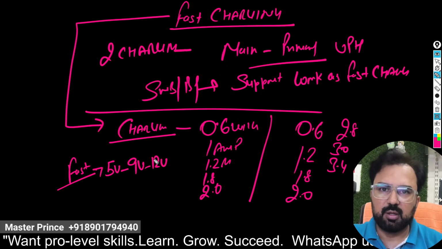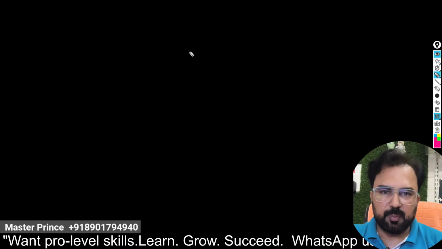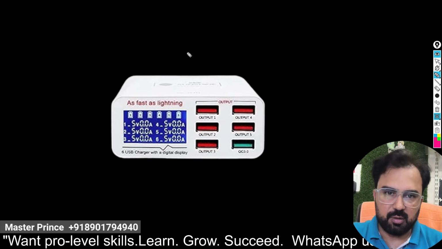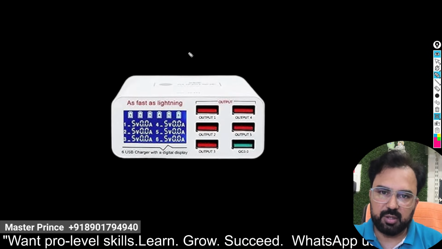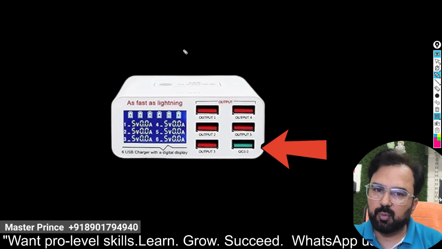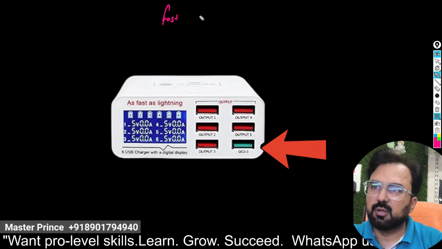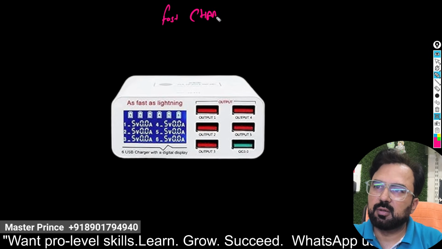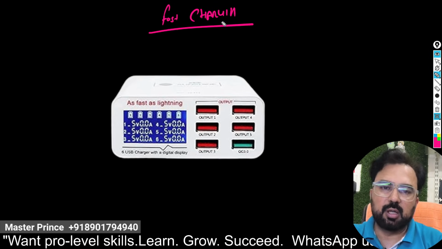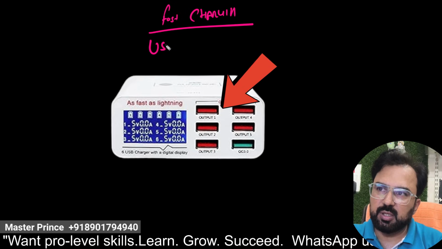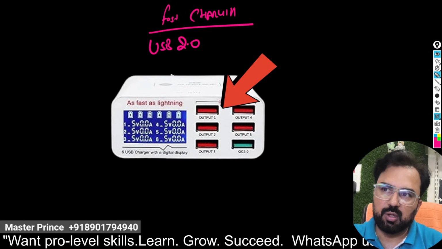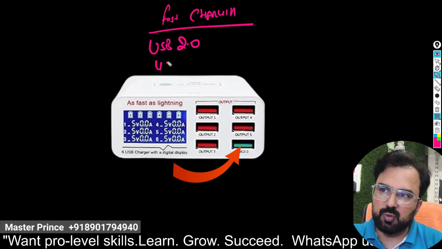For example, a USB ampere meter, which all technicians have. In this meter there are multiple charging ports. One port supports fast charging. The other port is called USB 2.0, and the fast charging port is called USB 3.0.